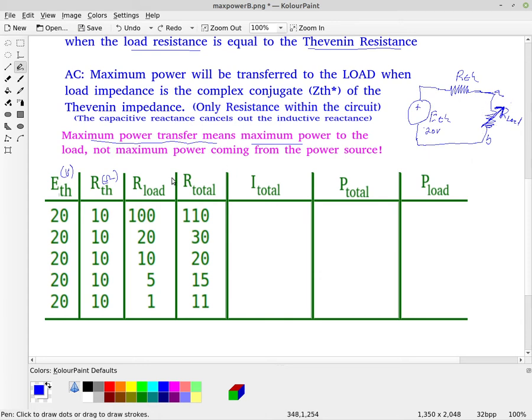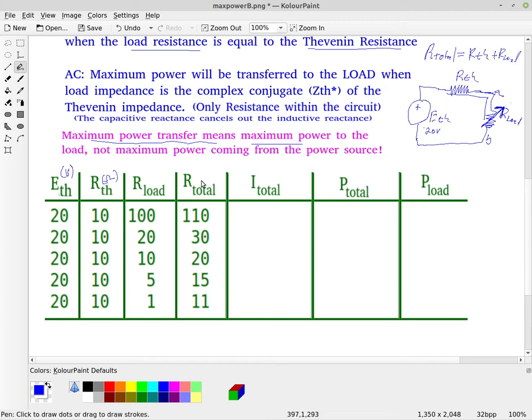I just want to remind you, this is a series circuit. We have R Thevenin plus R load, so the total resistance, R total, is simply the sum of R Thevenin plus R load.